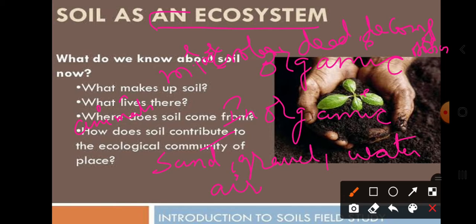That's why we are calling it an ecosystem, because it is a place where living organisms are also surviving. For their survival, they depend on non-living factors. So soil is an ecosystem made with both organic and inorganic matter. If you see the composition of the soil, you will see sand particles, gravel particles, water, air, dead and decomposing materials, microbes, and living organisms, together forming your soil.